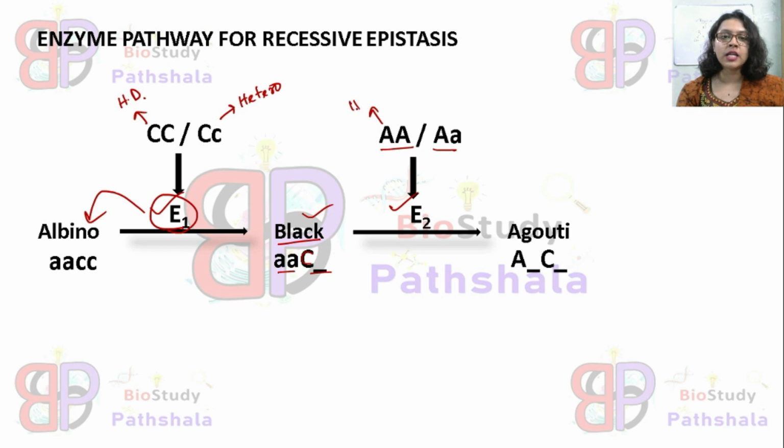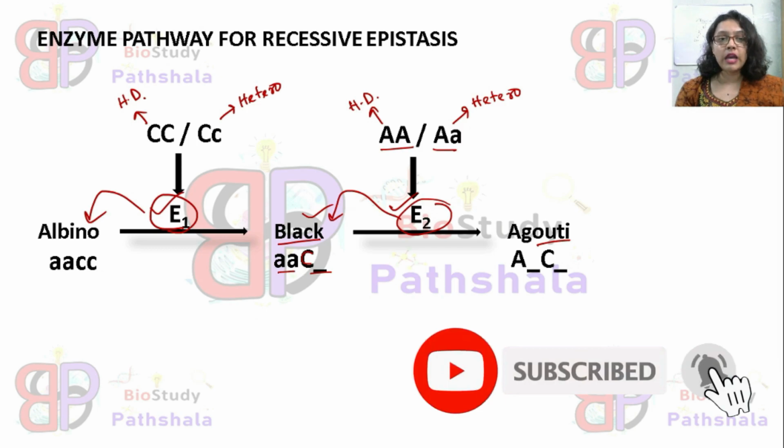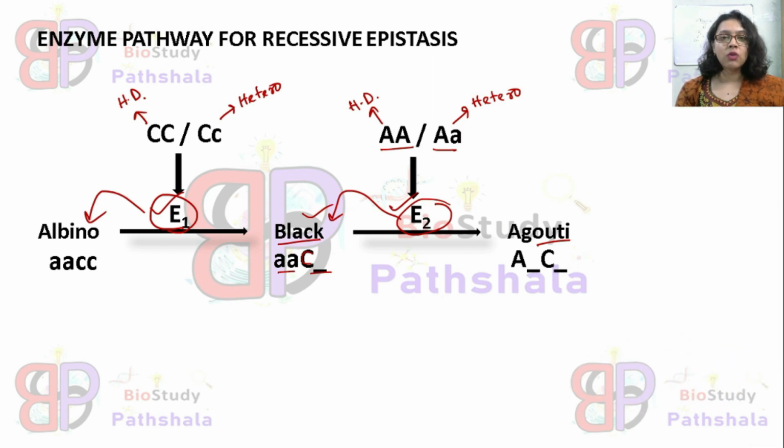That means homozygous dominant condition of A gene or heterozygous condition of A gene leads to formation of agouti coloration, but the precursor of E2 enzyme is black. E2 enzyme cannot show its effect on albino pigmentation. So this is how the recessive epistasis pathway actually occurs.